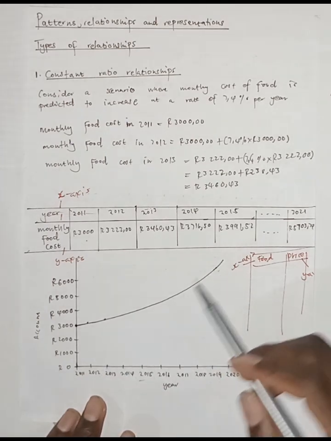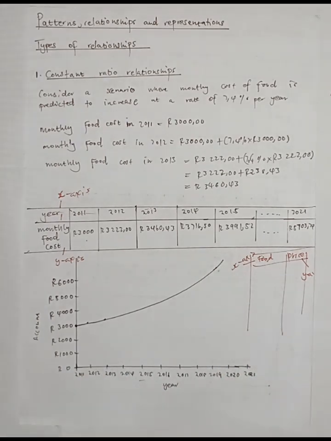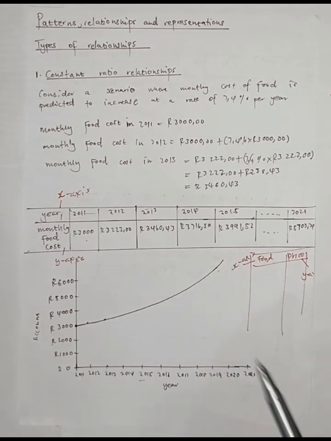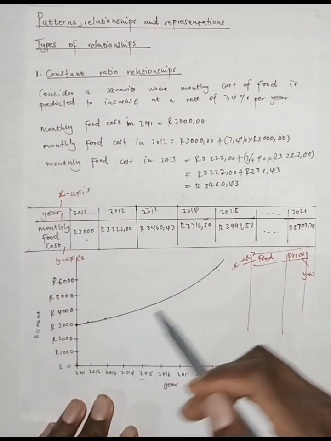It grows exponentially because the monthly cost of food increases every year by a further amount, so it gets steeper and steeper. It keeps on increasing. That's why it's like this.